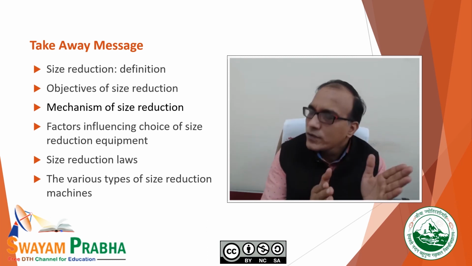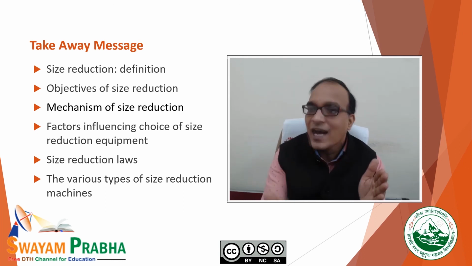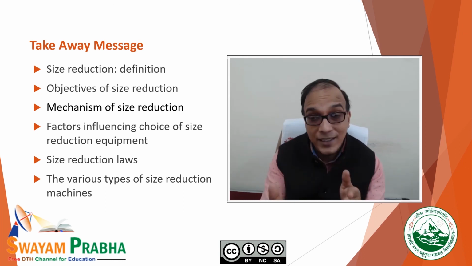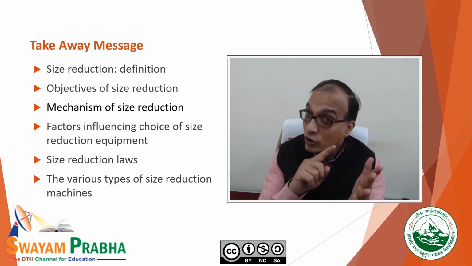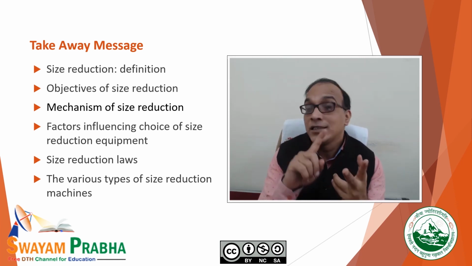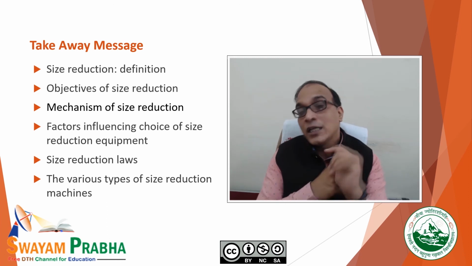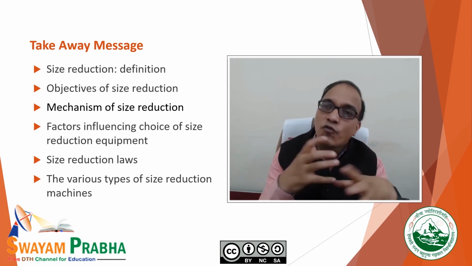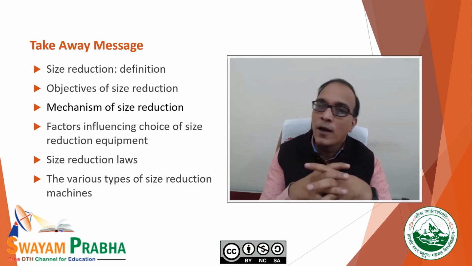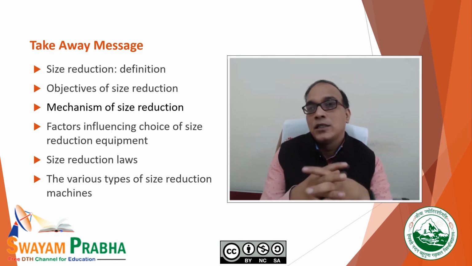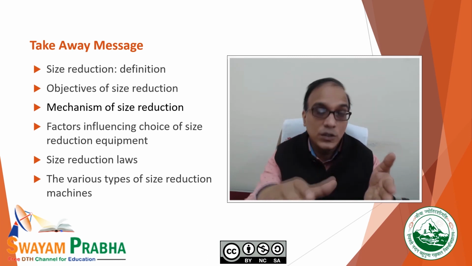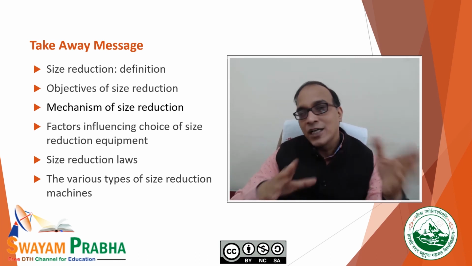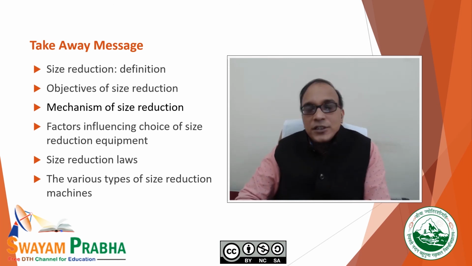On the basis of the material, and the desired properties or desired particle size range, you can go for selection. We have also seen that depending on the hardness, viscosity, stickiness, and other properties of the material, we should select the mills. We studied the size reduction laws, the basic 4 laws.